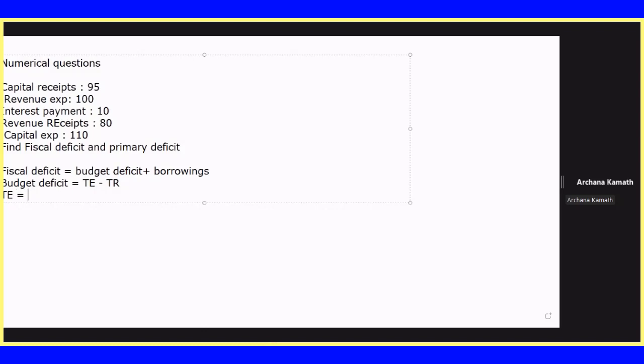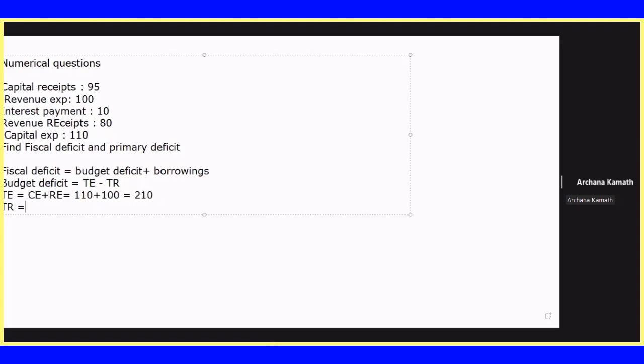We know there are two components of total expenditure, capital expenditure and revenue expenditure. So first find total expenditure as a summation of capital expenditure and revenue expenditure. Capital expenditure is 110 and revenue expenditure is 100. So 210 is your total expenditure.